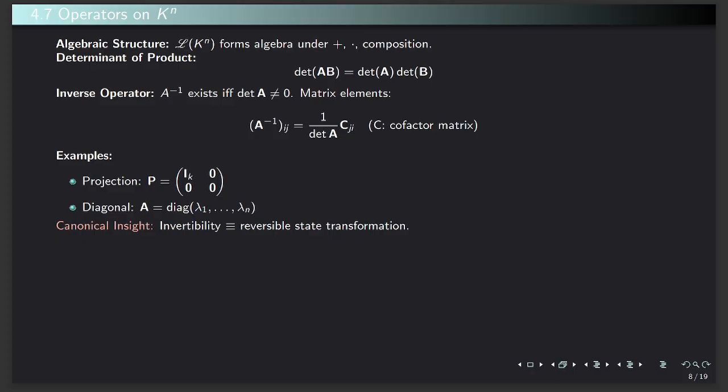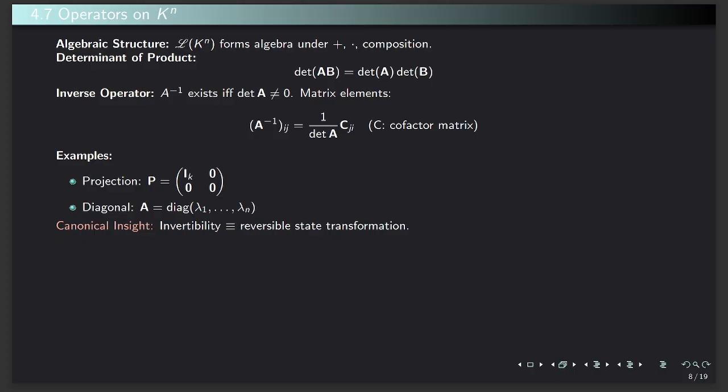So this means, I want you to think about it like this, that the volume scaling factor of a composite transformation is the product of the individual scaling factors. An operator A has an inverse if and only if the determinant is non-zero.